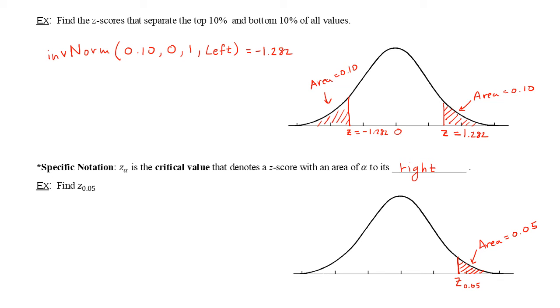And so when we're calculating this z alpha, we're going to use the inverse norm again, since we're given the area and we want to find the associated z-score. So in this case, an area of 0.05, 0, 1, because it's a standard normal distribution whenever we're talking about z-scores. And then in this case, we'll use the right.